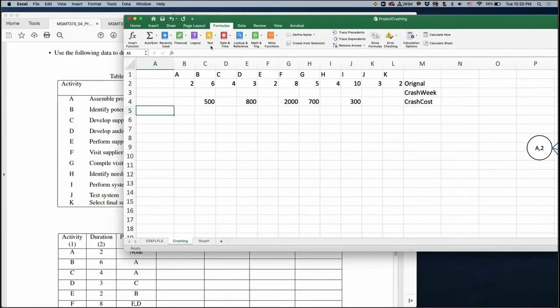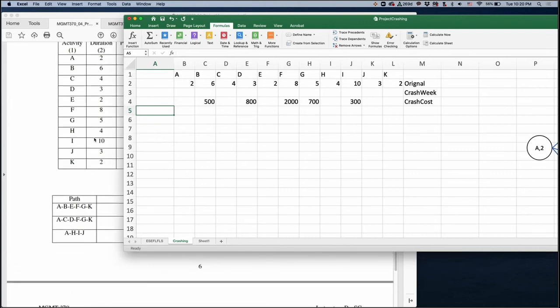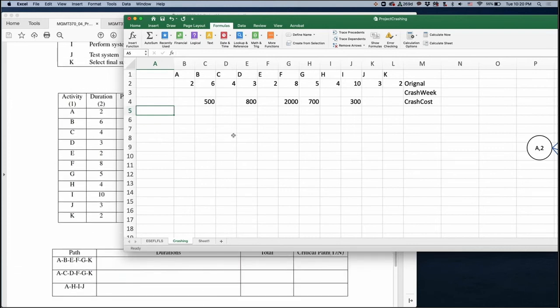So now we have the A, B, E, F, G, K path, A, C, D, F, G, K, and A, H, I, J, K path. And now these are your paths.